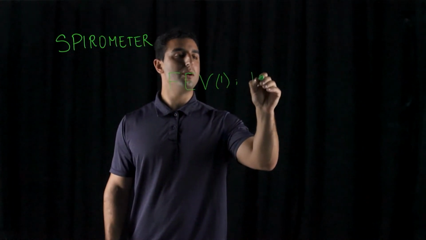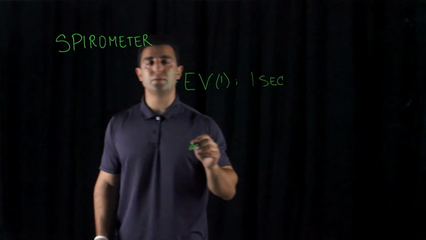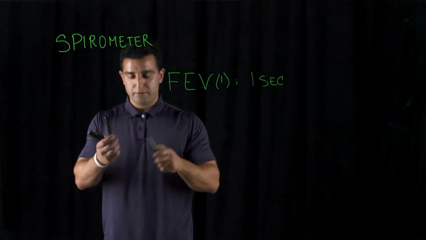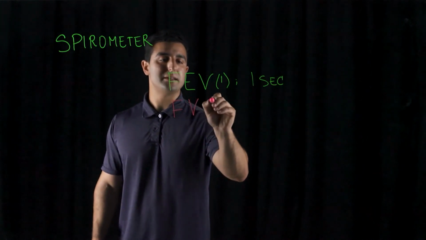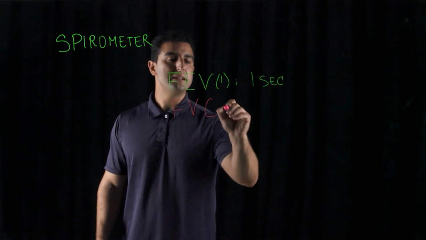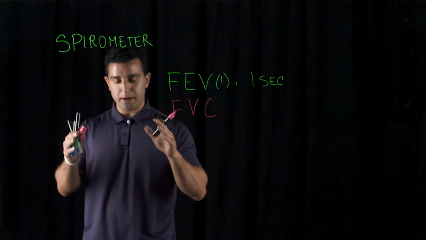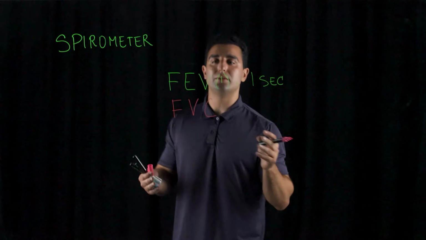And then you have another measurement here called forced vital capacity. This is the total amount of gas that is possibly being expelled out.